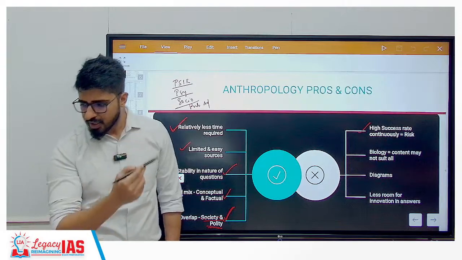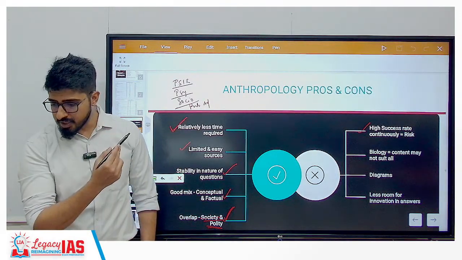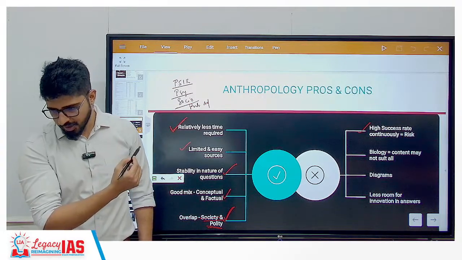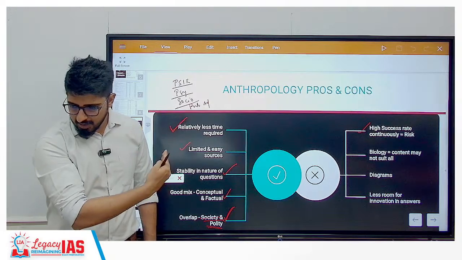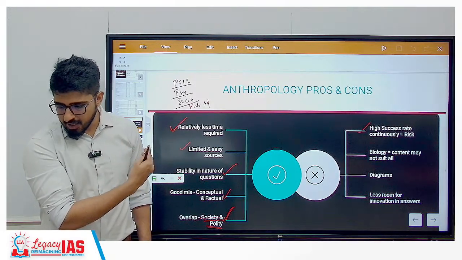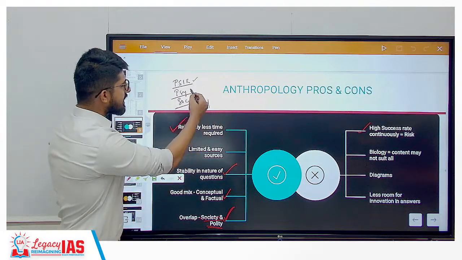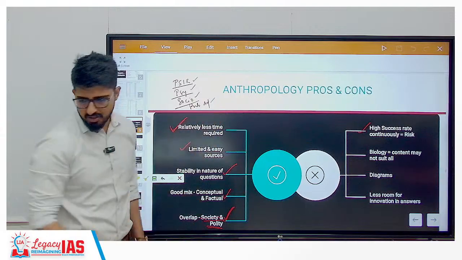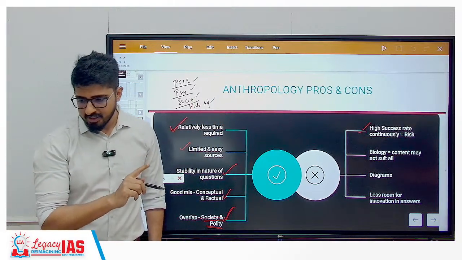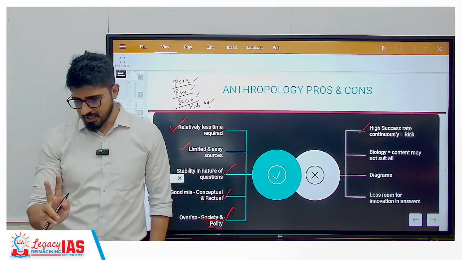As I told you, if you do not have any sort of background, you have to choose an optional from the ones I mentioned, which are performing well and which do not require any background. I mentioned the 5 subjects: anthropology, PSIR, psychology, sociology, public administration. But for public administration, the caveat is that you should have an idea of current affairs of 2 years at least. Okay?